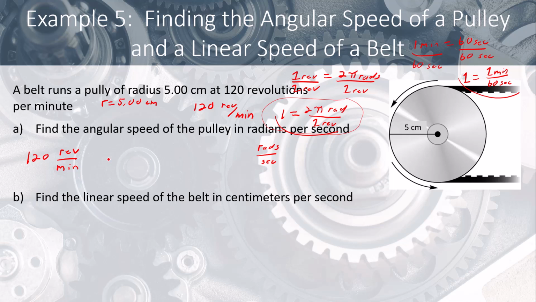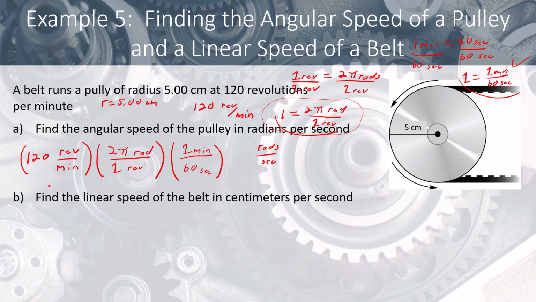I'm going to use this: 2 pi radians divided by 1 revolution. Then I'm going to multiply by 1 one more time, using this value right here: 1 minute divided by 60 seconds.